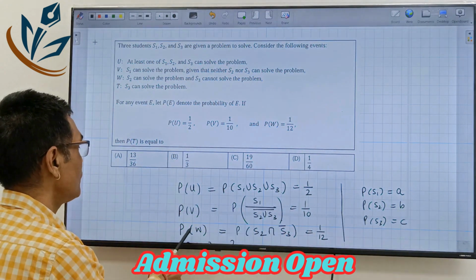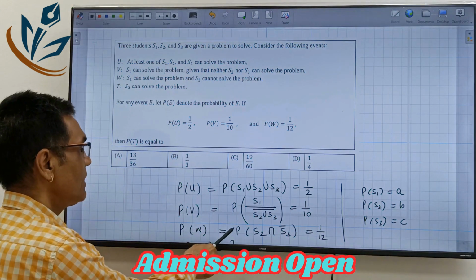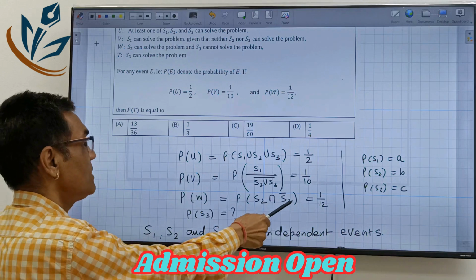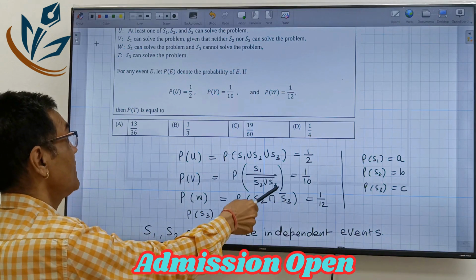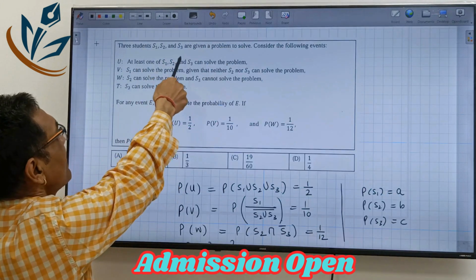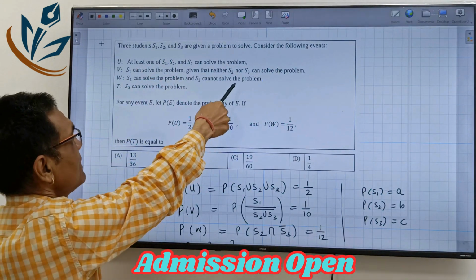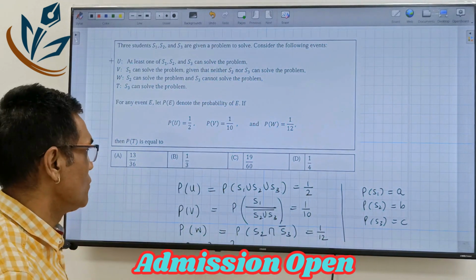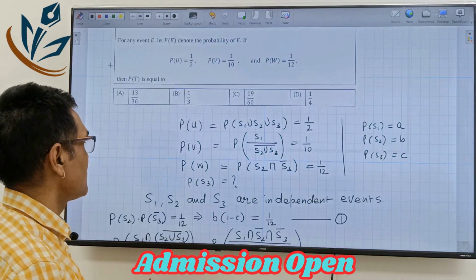And then P of W is P of S2 intersection S3 bar, which is given as 1/12. S3 bar because it is clearly given that S3 cannot solve the problem.